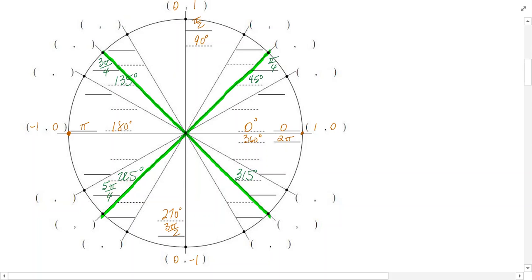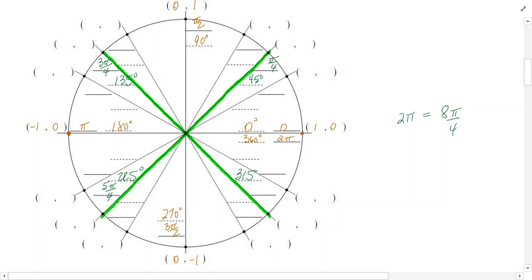How about when we are over here at 315, right? We're in the fourth quadrant. If I rotate all the way around to 360, well, 2 pi is the same thing as 8 pi over 4. 8 divided by 4 is 2. So one complete revolution around this unit circle in terms of the denominator 4 is 8 pi over 4.